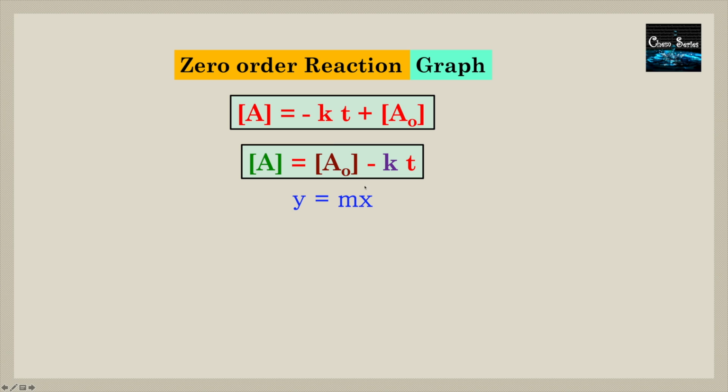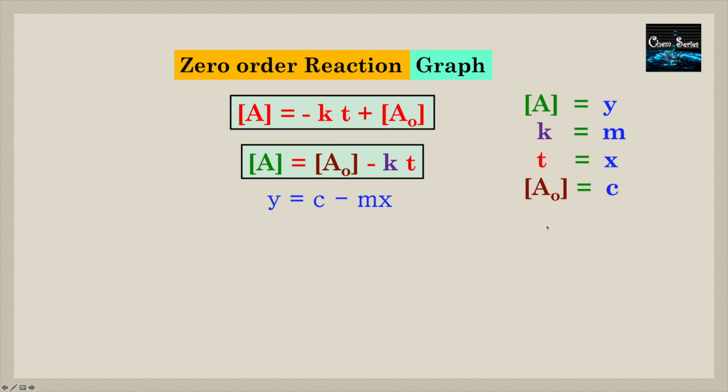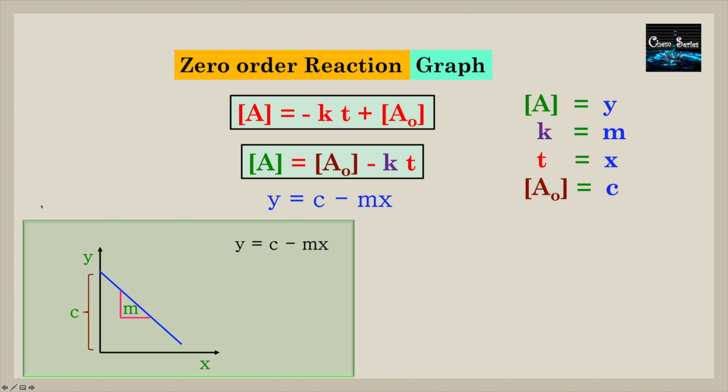No, right? Because we have an extra term. Here the slope is positive for y is equal to mx plus c, but in this equation we have a negative slope. So it should be like y is equal to c minus mx. This is the general plot of y is equal to c minus mx.